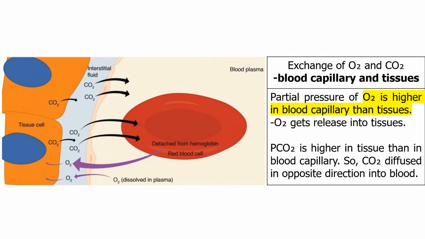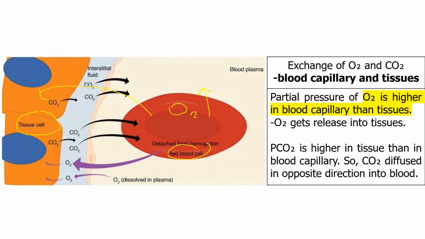For the gaseous exchange of oxygen and carbon dioxide between red blood cells in the blood capillary and tissue cells, the partial pressure of oxygen is higher in the blood capillary compared to the tissue, so the oxygen gets released into the tissue.